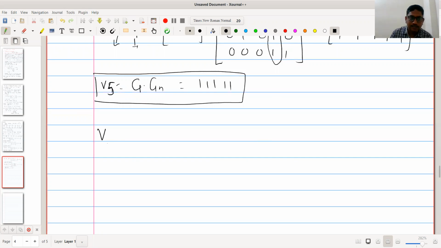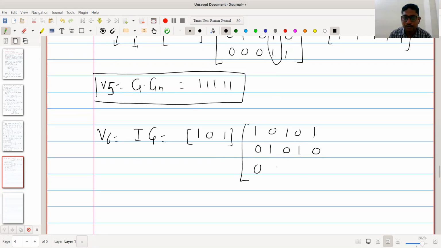V6 will be after G. The letter is I into G. What is I? I stands for 101, and G is the generator matrix 10101, 01010, 00011, and do this product.